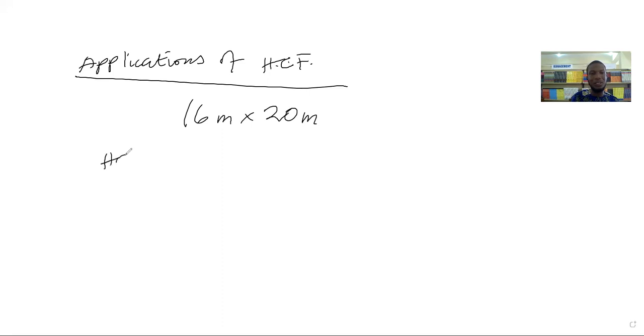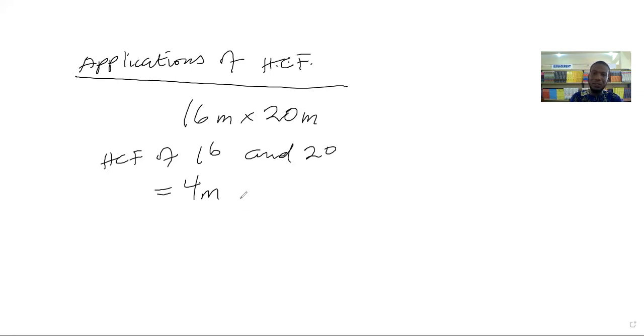So that will be the H.C.F of 16 and 20. And when you calculate it, you get 4. That means the length of your doormat should be 4 meters.